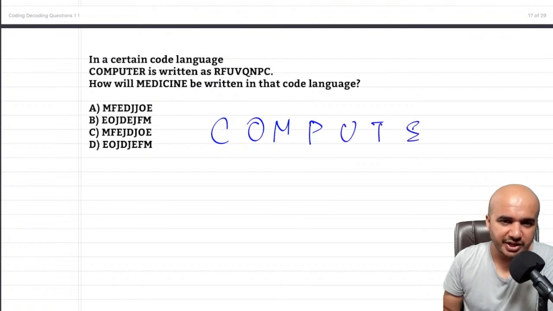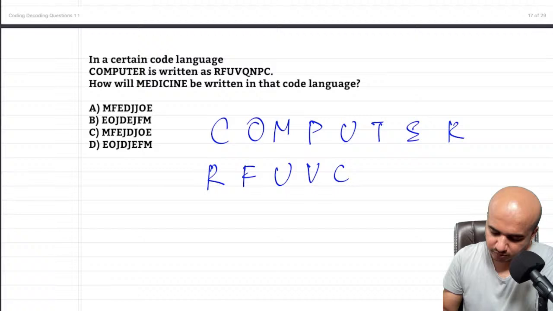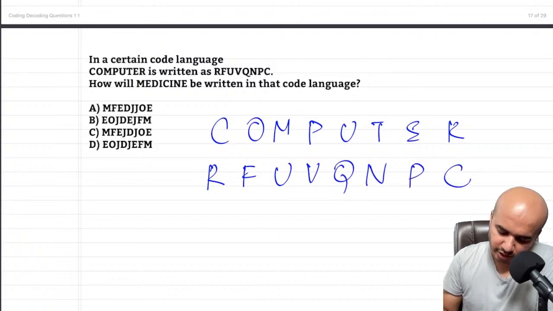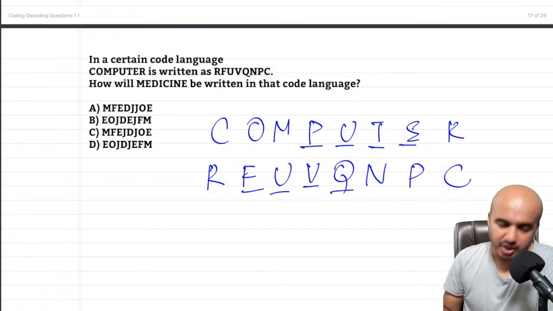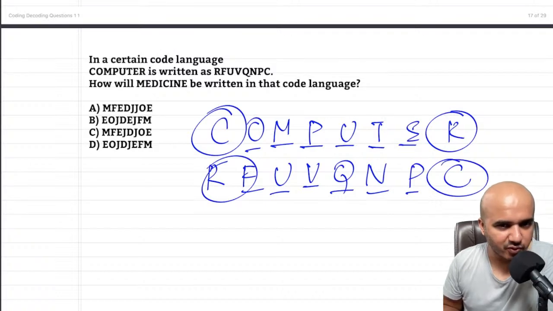So how will medicine be written in that code language? So E, F, T, U, U, V, P, Q, M, N, O, P. Very easy actually. Only thing is first and last letters remain the same. Only thing is their position is interchanged. Let's do the same thing for medicine.